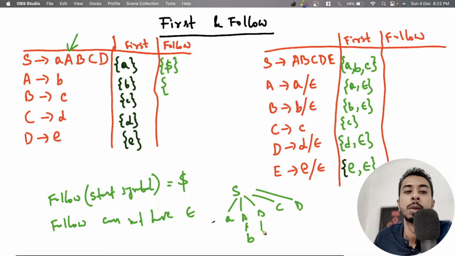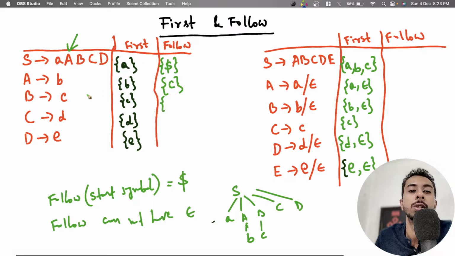So what is B producing? What is the first of B? Whatever is the first of B will be following A, right? So first of B is C. So this A will always be followed by C, no matter what. That is why the follow of A is C here.